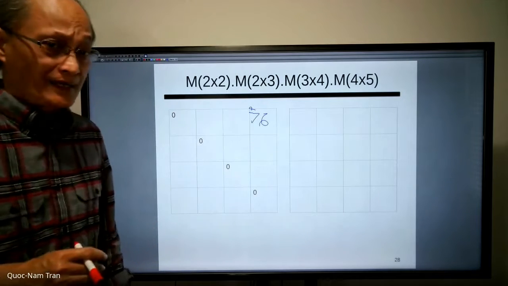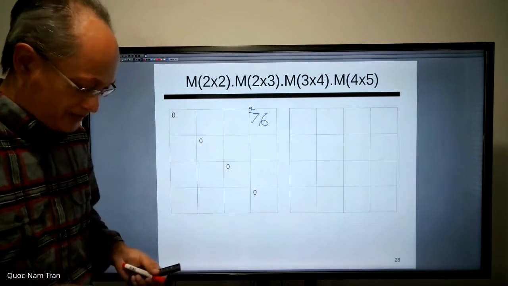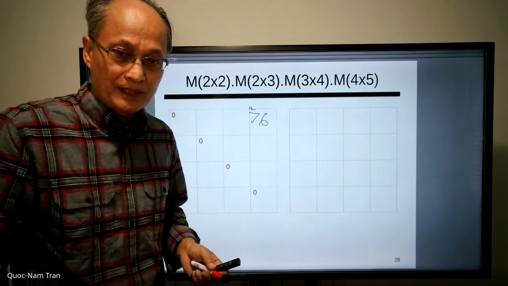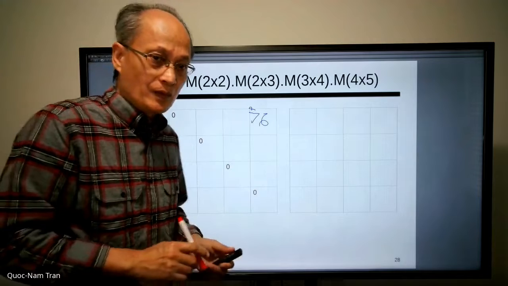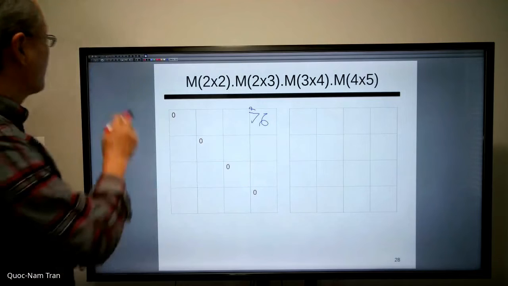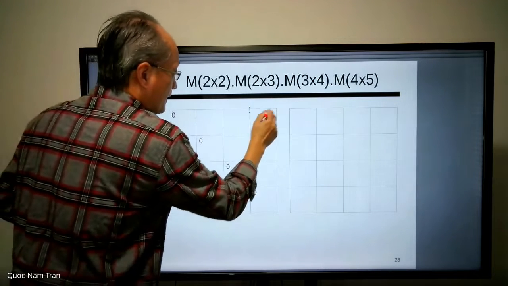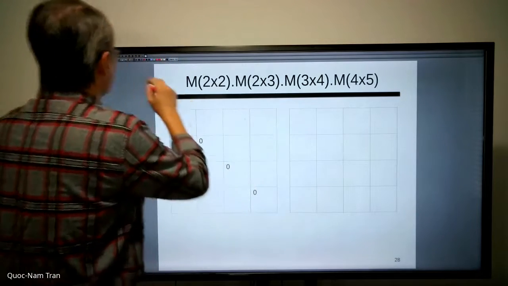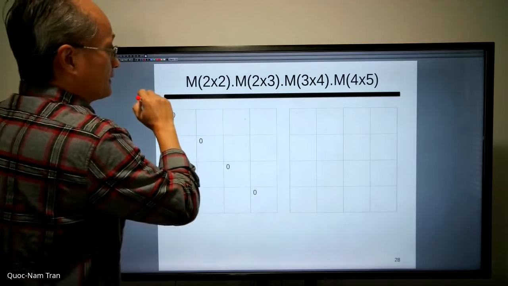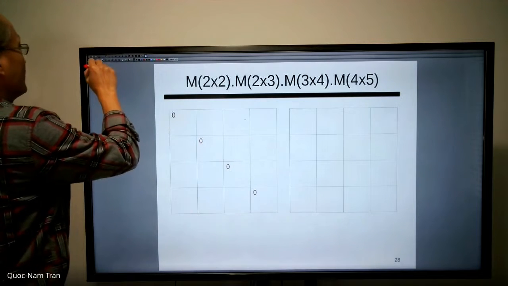So let's try something a little bit different. Actually, I implemented the algorithm already, so let me run it through and then we will see what will happen if we change the value a little bit. I will change this one a little bit to 4.